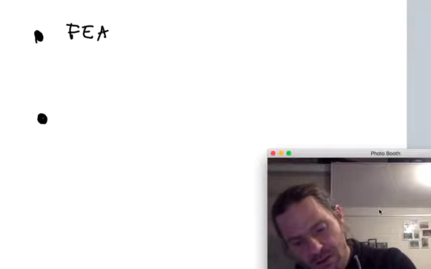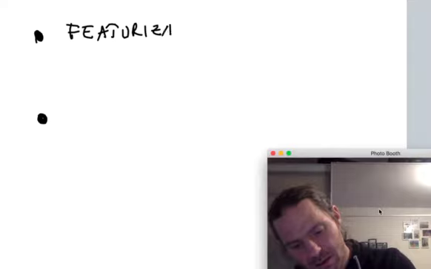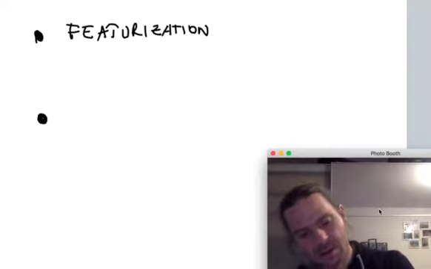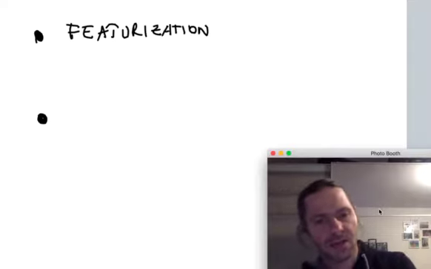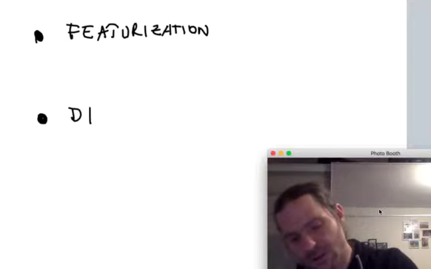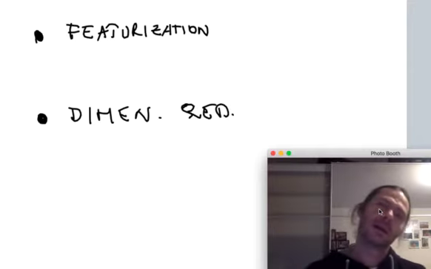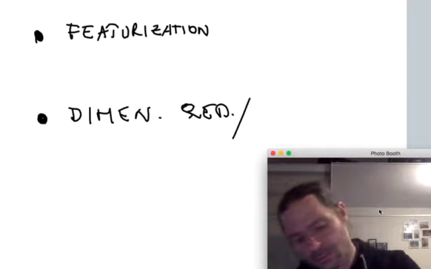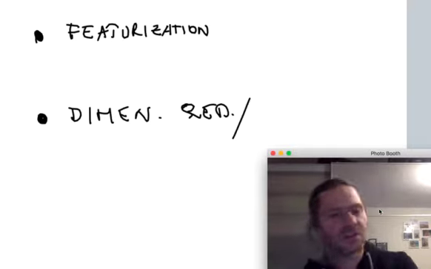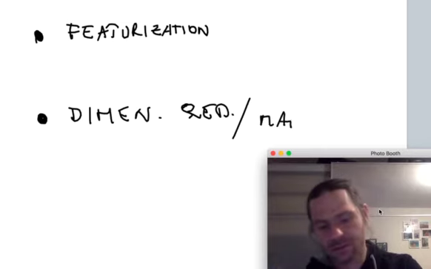One step is called featurization. And the second step is the actual dimensional reduction. Or, in general, a prescription to find a marker state.